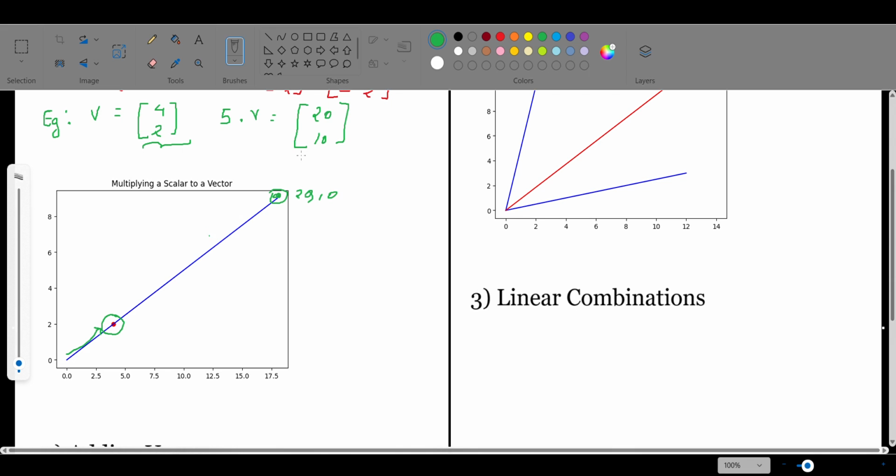It could be so that the direction may be 180 degrees opposite. So if you said minus 5 times v, it would be minus 20, minus 10, going into the third quadrant. In that sort of a case, you're in the opposite direction, but you're still on the same line. So magnitude can change, unless, of course, you multiply it by 1.